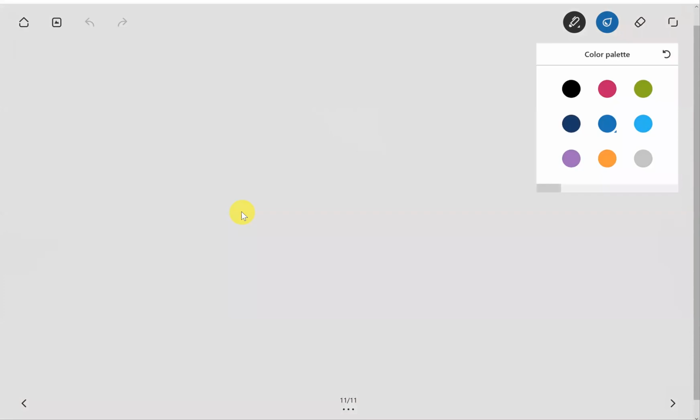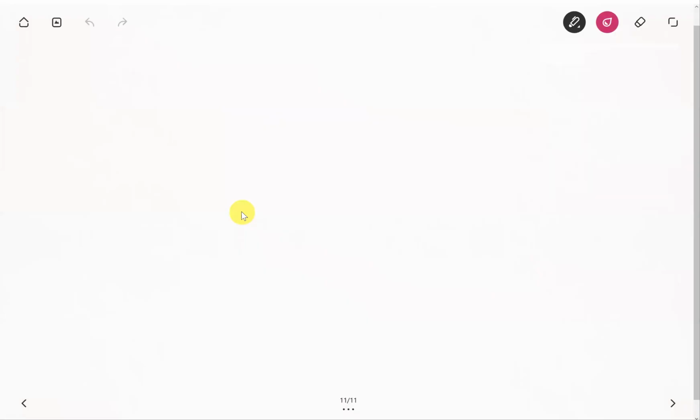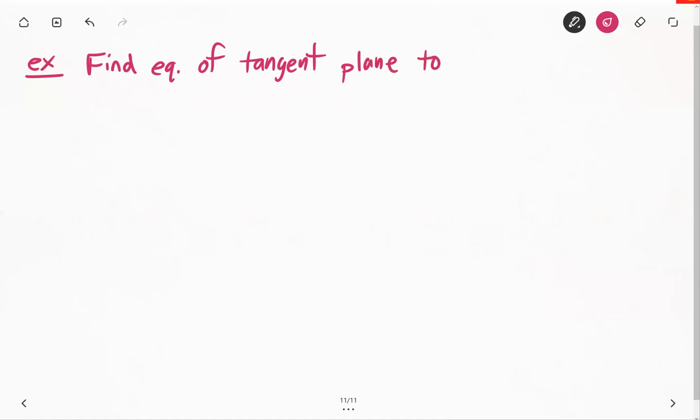And so we should do one more example. Maybe we'll do an example from scratch. Let's say we want to find the equation of the tangent plane for the function z, a function of x and y.